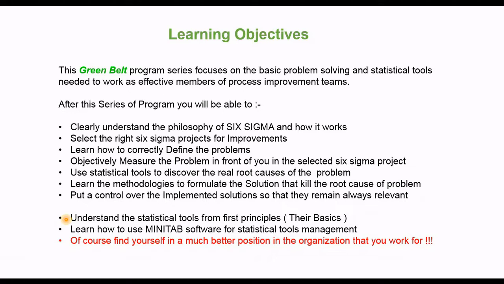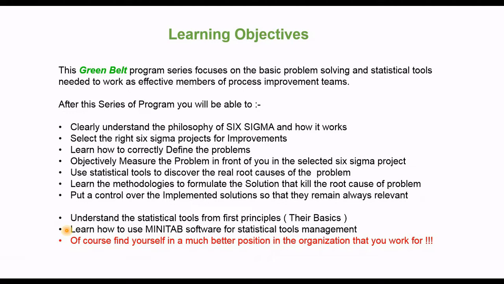So it only gives you the results using a software, but you do not know what exactly the formula being used is or what exactly the tool is doing with the data. So in this program, we will also tell you how the tools actually work in the background.